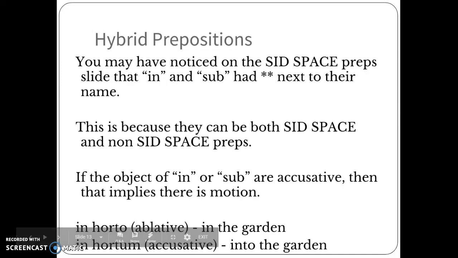Horto is the ablative form of hortum, garden. So in horto means in the garden. But since in is a hybrid, if I say in hortum, with hortum in the accusative case, then that changes the translation from in the garden, in horto, to into the garden, in hortum. Making that object accusative changes the meaning of the word in.